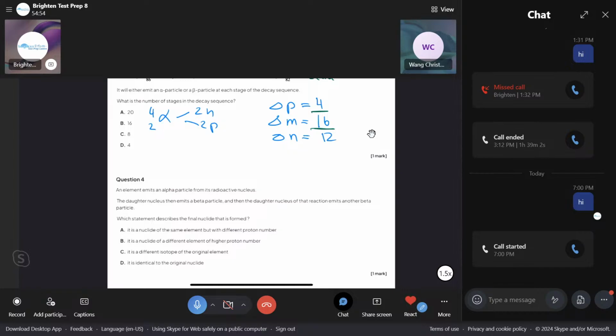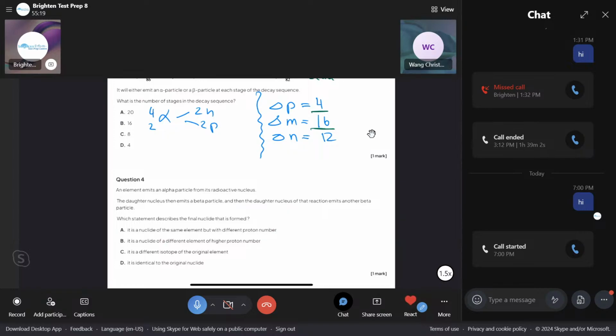So that means we lost how many particles? When we move with an alpha decay by alpha particles, how many particles did we lose, and how much mass did we lose?